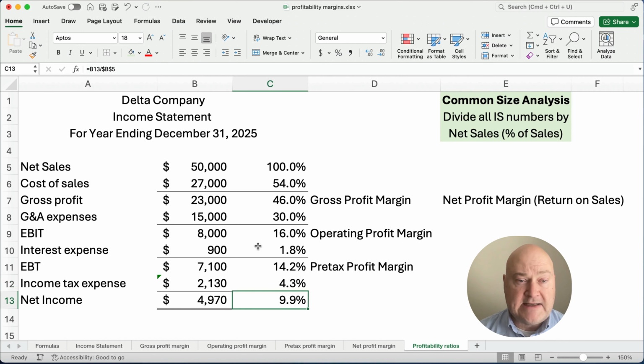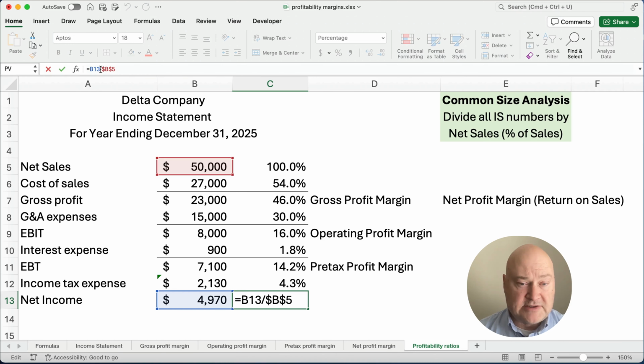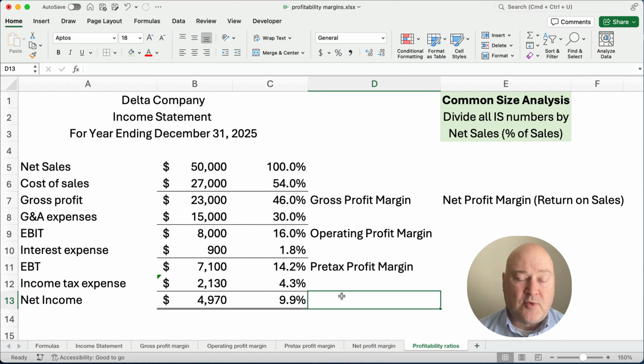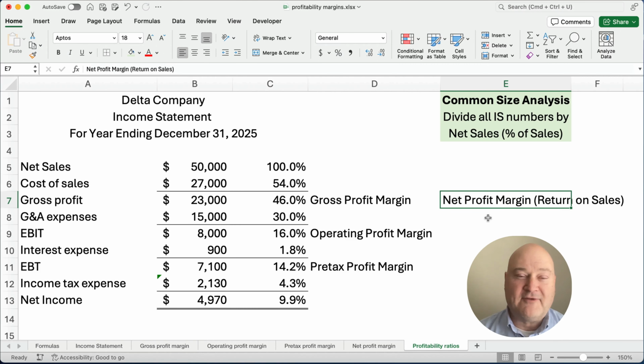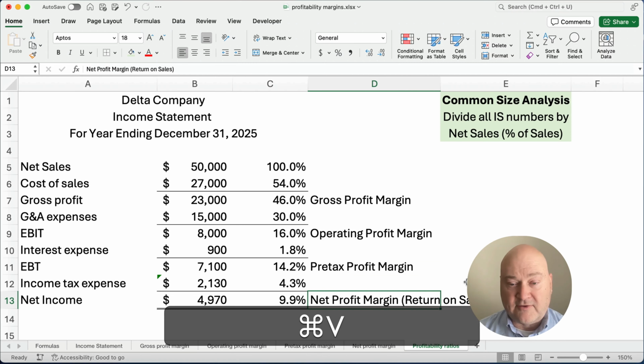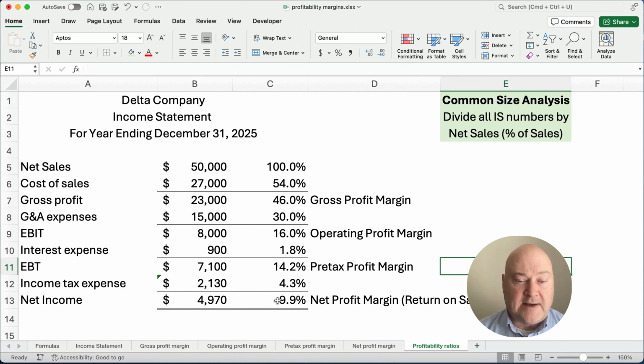So if you take net income divided by your sales of 50,000, we get something almost 10%, 9.9%. So that's called what? Well, hey, you're cheating. You're looking at the only thing we have left, but that is your net profit margin, and that's return on sales. So 9.9% is our profit margin or our net profit margin and return on sales.